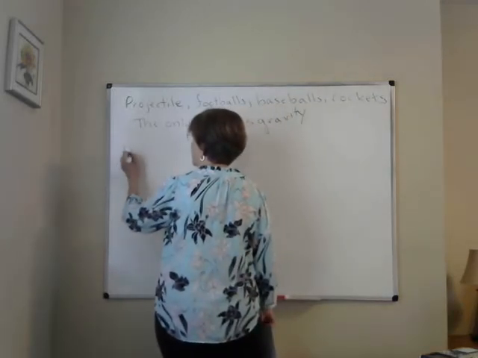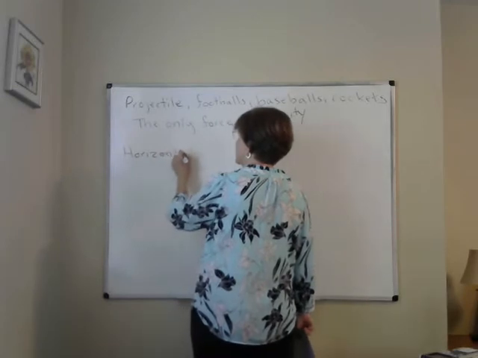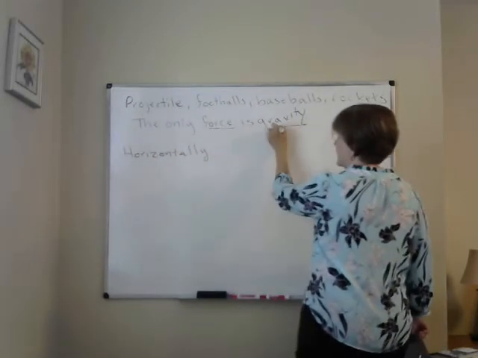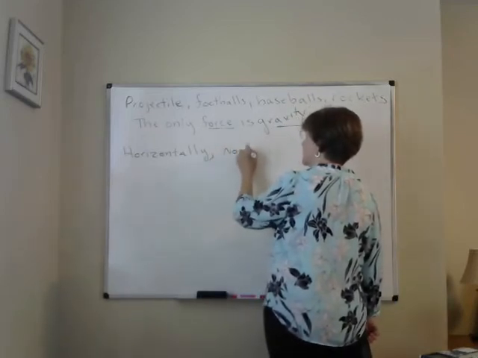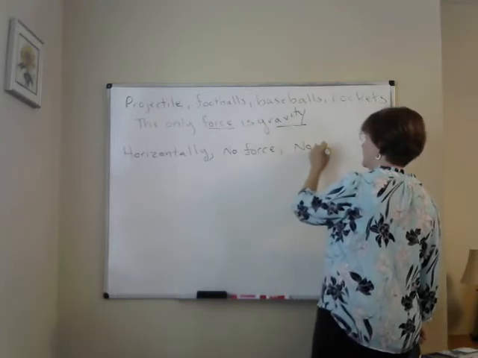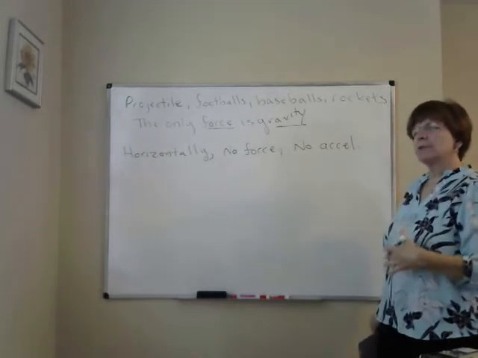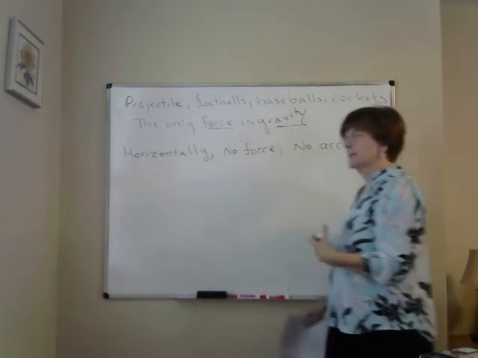Horizontally, remember, the only force is gravity. So horizontally, we have no force. So we have no acceleration. If I have no horizontal force, I have no acceleration. That means my horizontal velocity is constant.